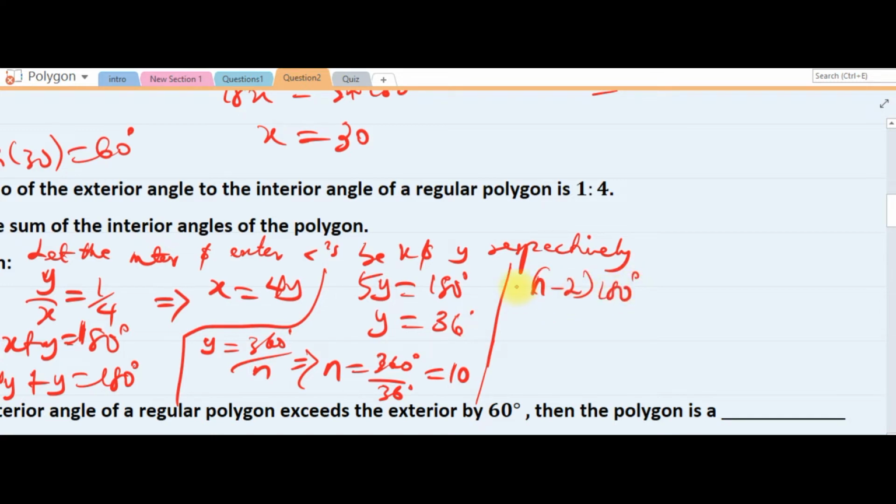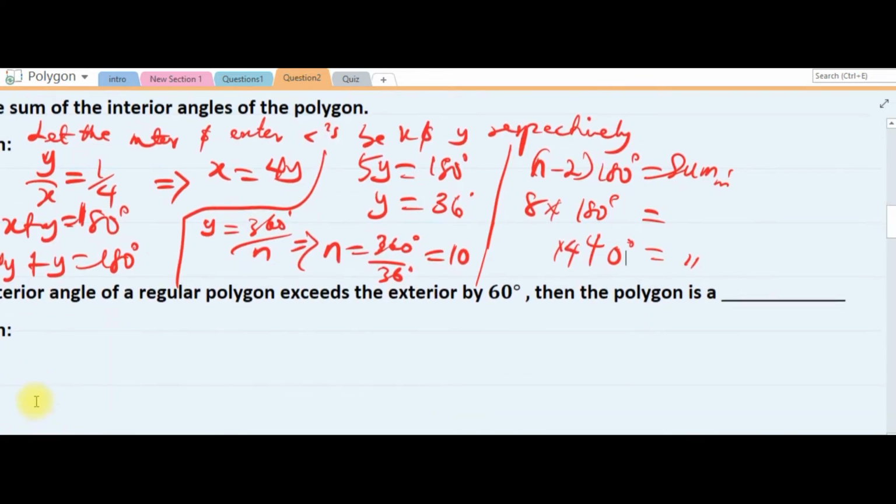That's our sum of the interior angles, which is now 8 times 180, which is 8 times 8 is 64, carry 6, 1440. So that's our sum of the interior angles.